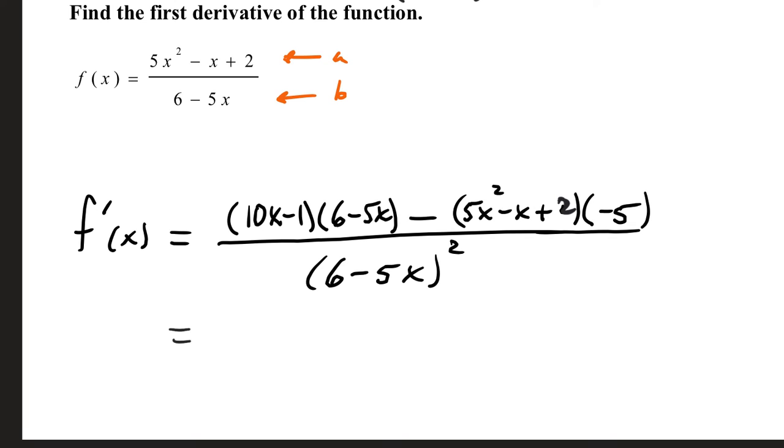Multiplying, if we use the FOIL method in our upper left group here, if we FOIL that out, that is 60x minus 50x squared. The inside gives us negative 6, and the last two terms give us positive 5x, positive 5x.